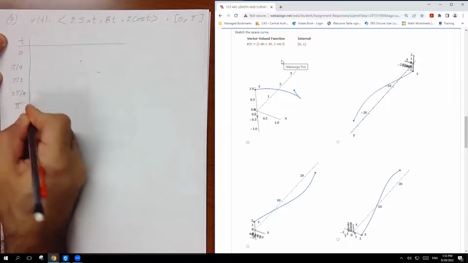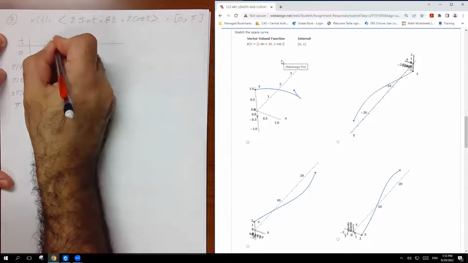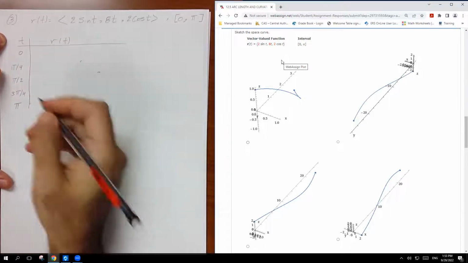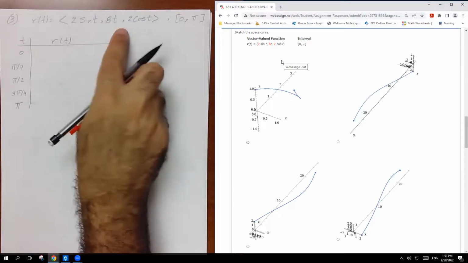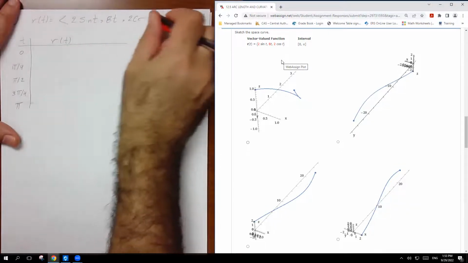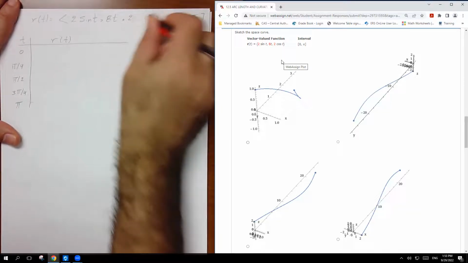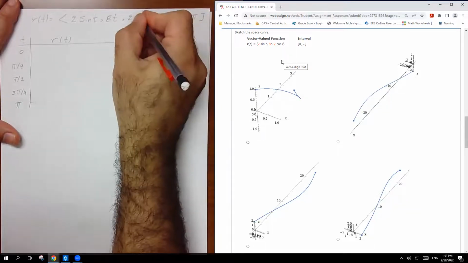Now we're going to find r of t so we can graph it. The first thing, we're going to graph it in space. We have 3 components here. You're going to plug in each one, and be careful when you plug in.